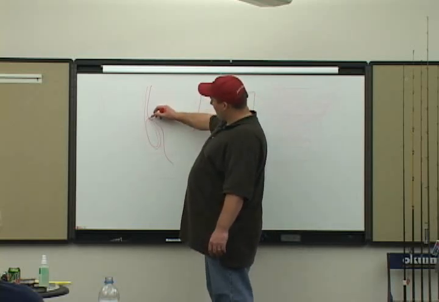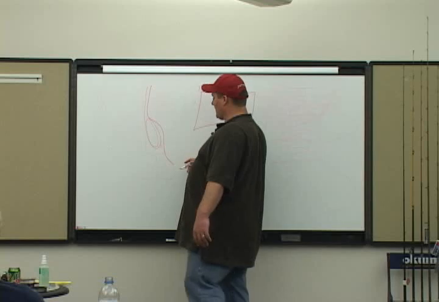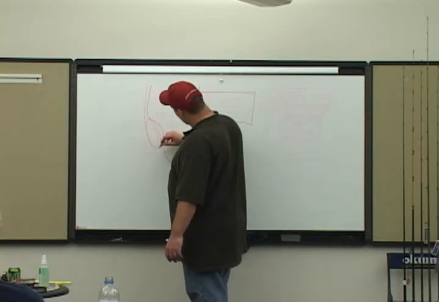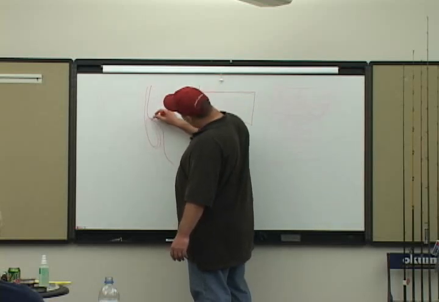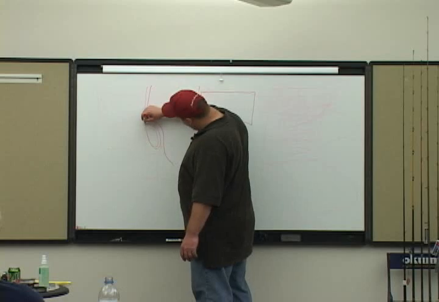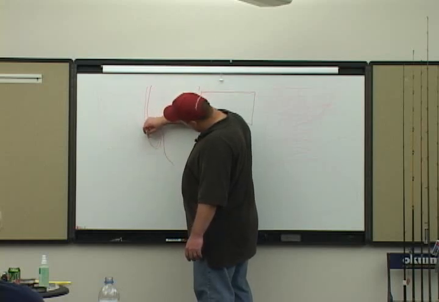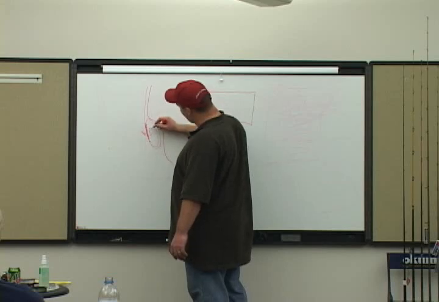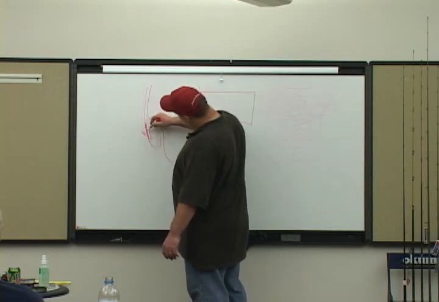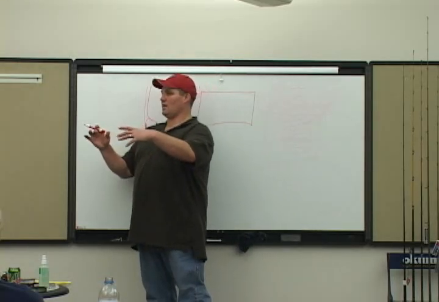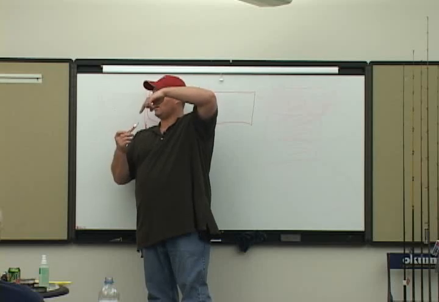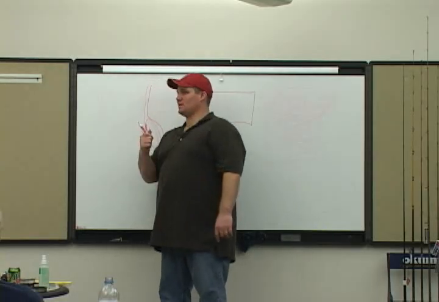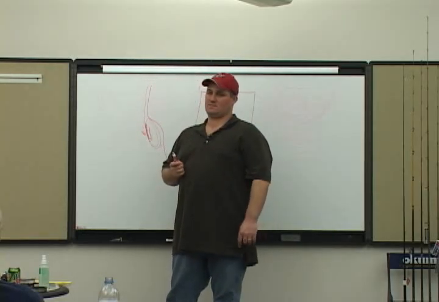What it does is it sets up this current break, and what I call slack bars, slack lines, you guys hear me talking about it, that's where this is coming around, and it's meeting this again. And you get this little turbulence going in here, and what that is, this outside water is moving faster, and this inside water is actually moving this way, and that's a mixing point right there, and it's slow. All that stuff gets trapped in there. They don't have to work as hard. They sit in there and pick that stuff off.